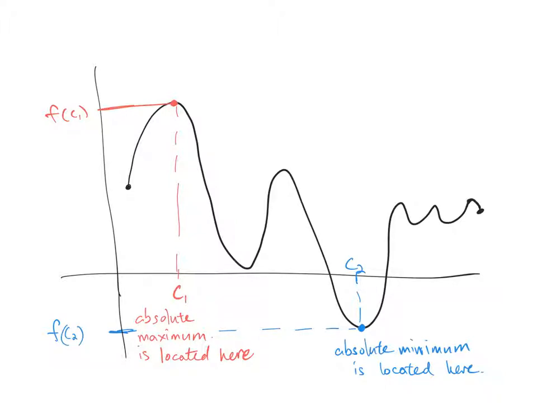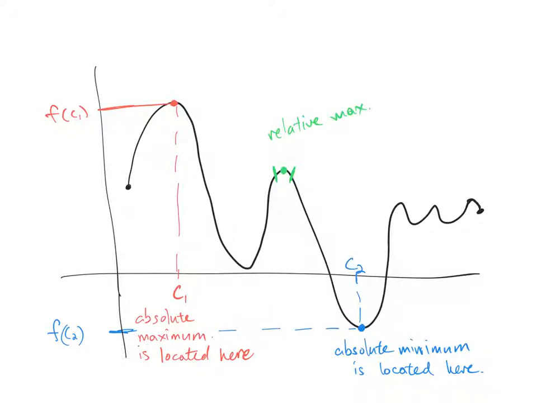But all throughout here, and I'm going to use a different color to denote some other relative maximums, like this graph right here at this point, it tops out. It stops increasing and starts decreasing. So there's a maximum there, but it is not the highest maximum, but it is a maximum. It's only a maximum on this little part of the graph. So we call that a relative maximum.